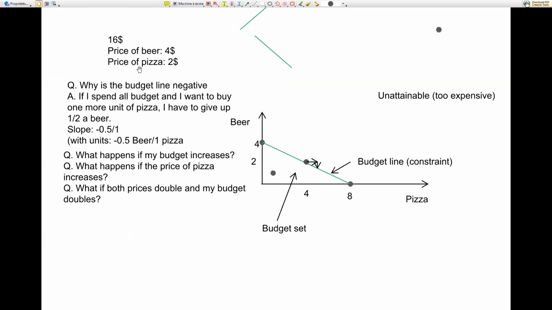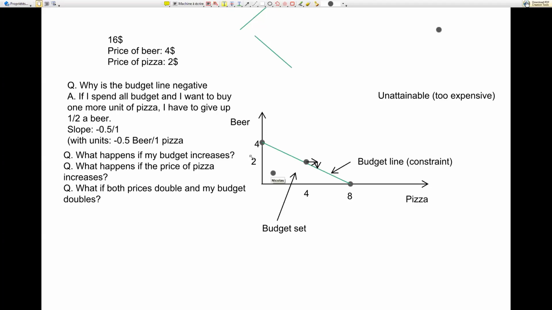As I explained to you last time, a good way to show all the combinations of pizzas and beer I can want to consume is to put them all on this graph. So I have pizza on the horizontal axis and beer on the vertical axis. And then what I want to know is what combination or what basket of goods of beer and pizza can I consume with my budget.